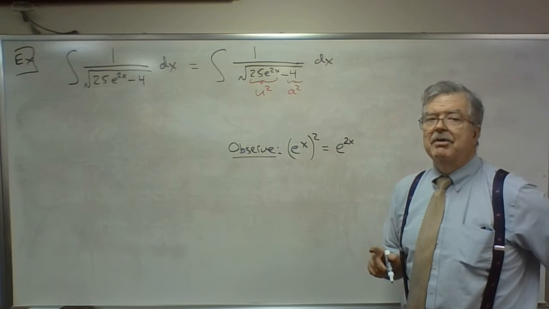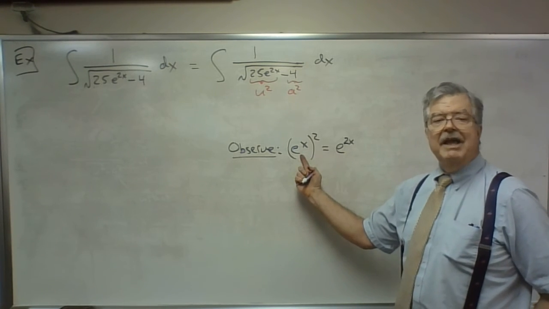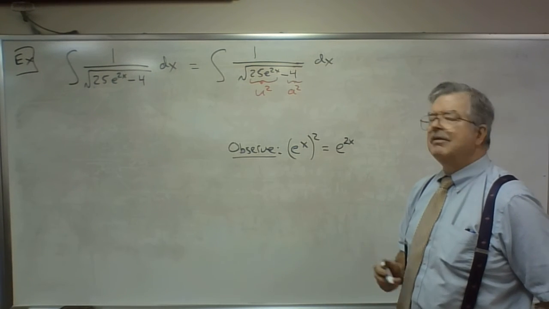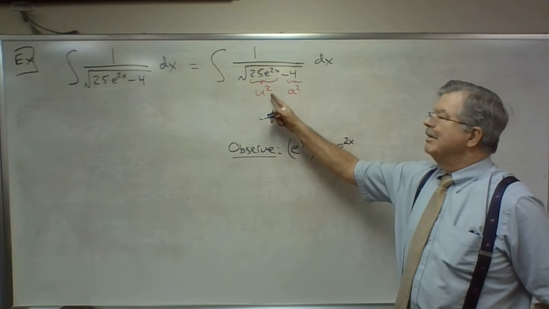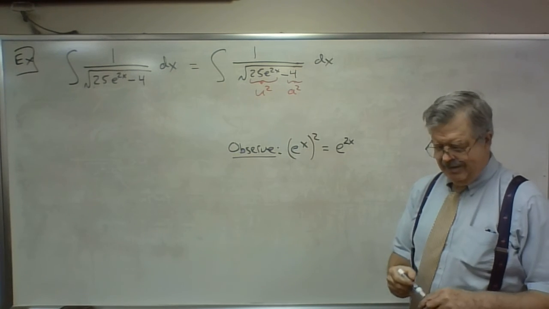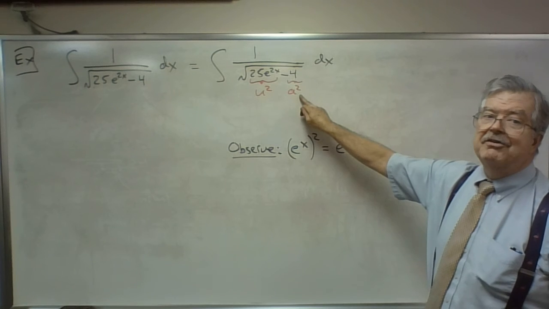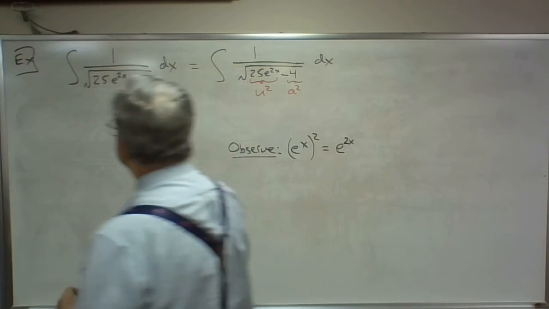This is an eye-opener. e to the 2x is the same thing as e to the x quantity squared. Now I know how to rewrite that. And this is an integer squared. No trouble rewriting that as a perfect square.